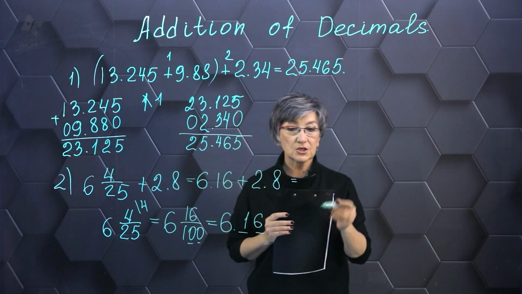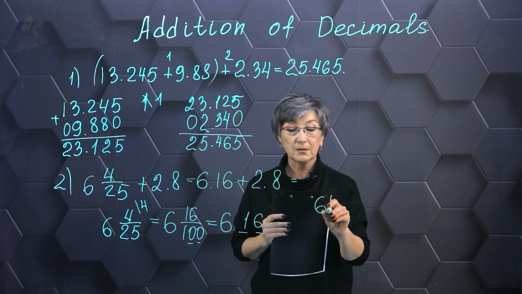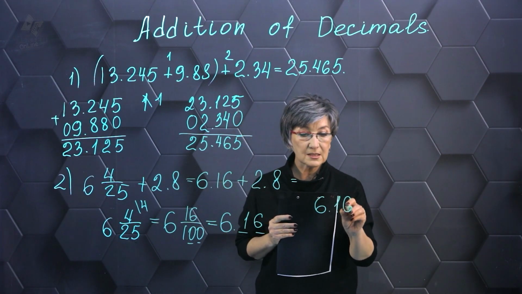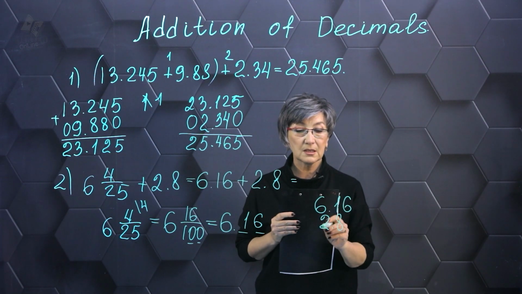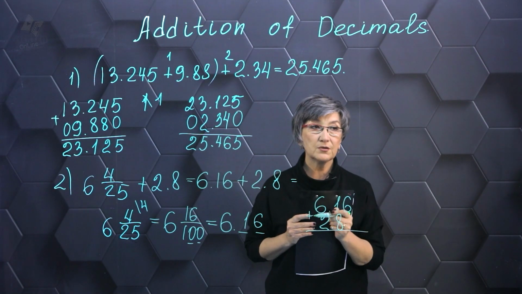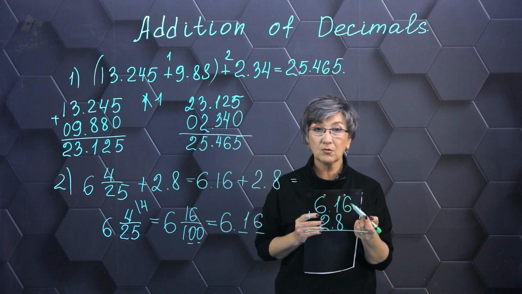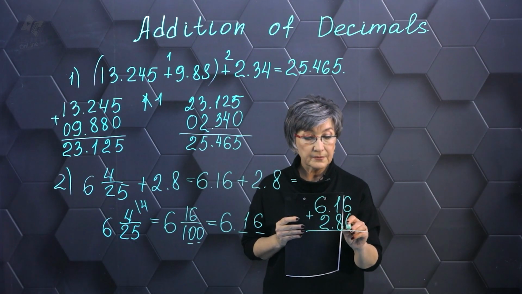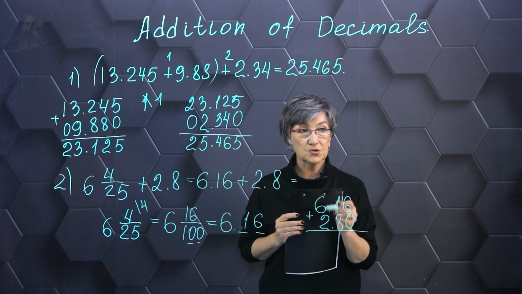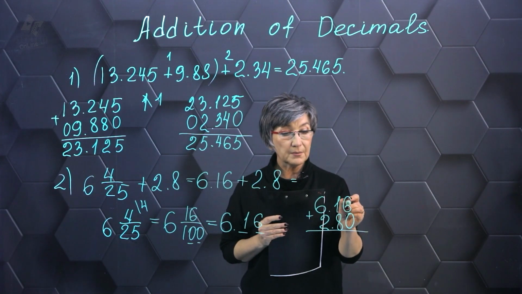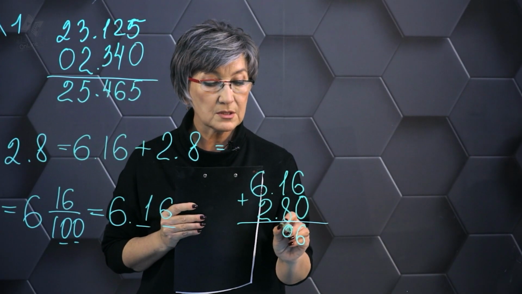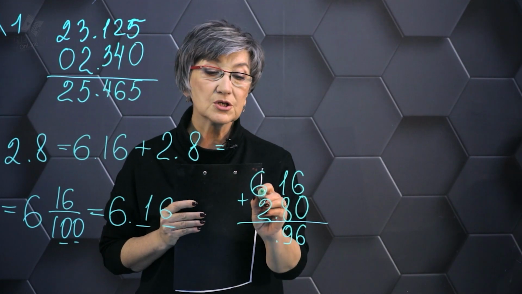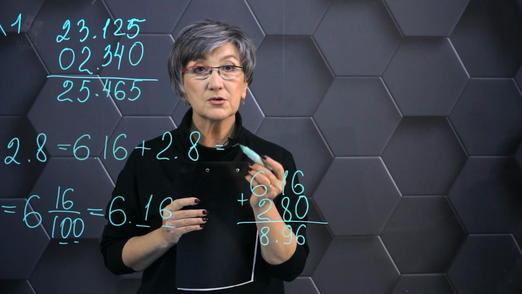Now, it's very easy to add these numbers together in a column: 6.16 plus 2.8. Again, I know that there is no number under the 6. In that place I write the numeral 0, so adding 6 plus 0 would be 6, 1 plus 8 would be 9, 1 plus 6 plus 2 would be 8.